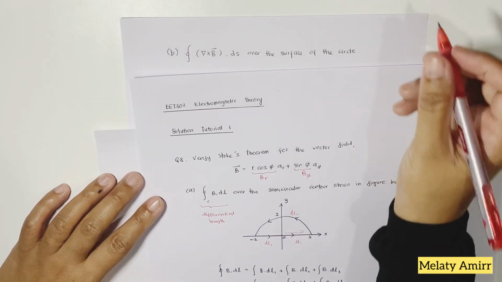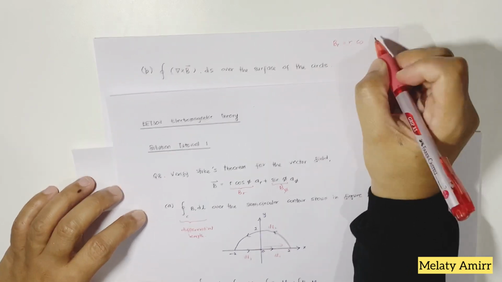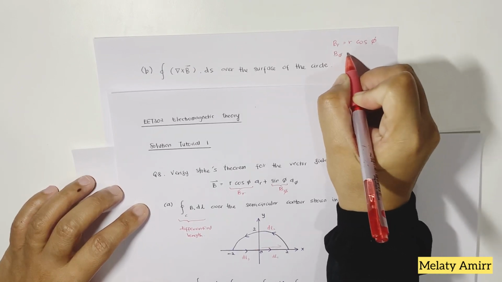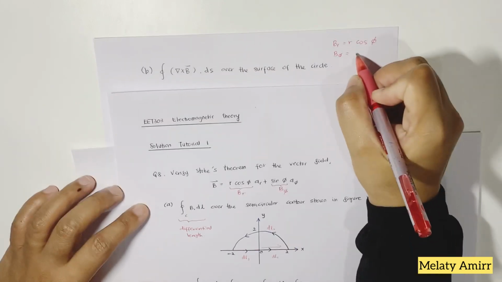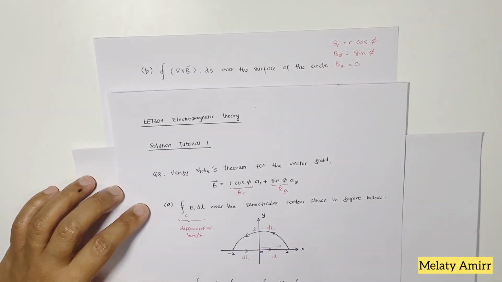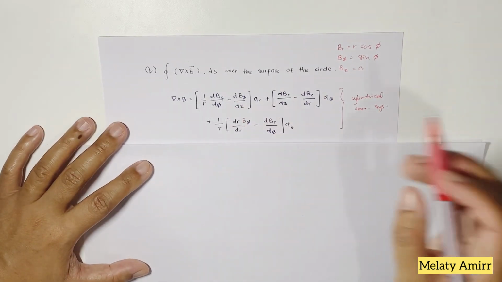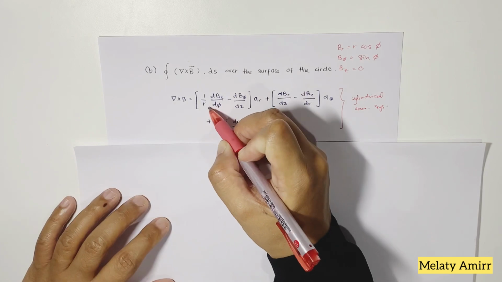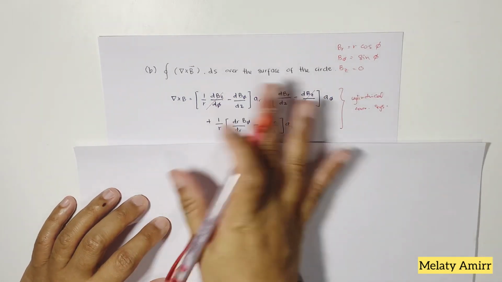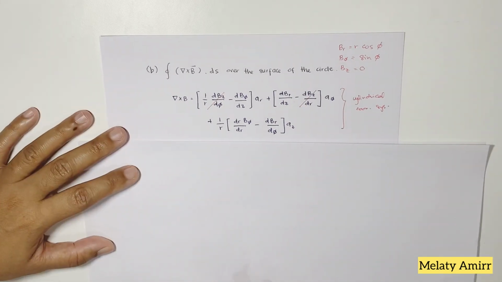So I will put it here, B_r equal to r cos phi, and B_phi is equal to sin phi. We don't have B_z, so you just need to cancel out B_z. B_z does not exist, and only B_phi and B_r exist.